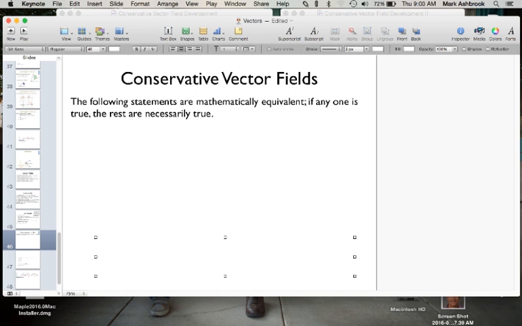So in the past, students have been under the impression that every line integral has the same value. It's dependent on the starting and ending point that you choose.